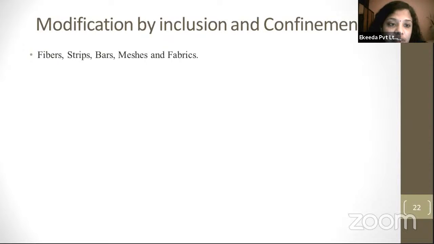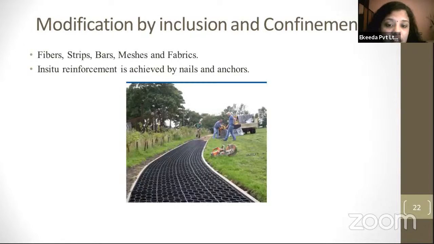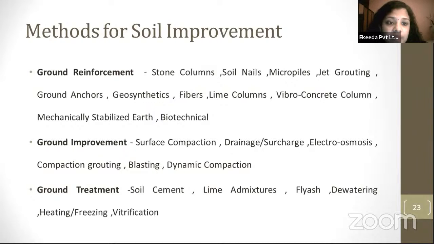By inserting fibers, strips, bars, meshes into the soil we can modify its properties. In the figure you can see how a geotextile is being installed into the road to modify its property. That is called modification by inclusion and confinement.